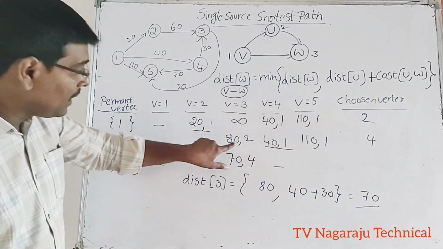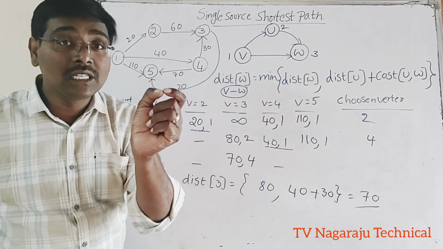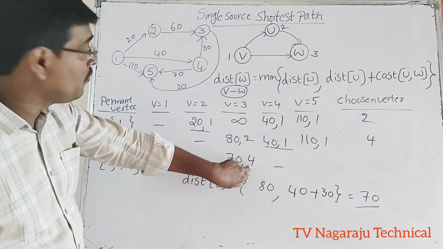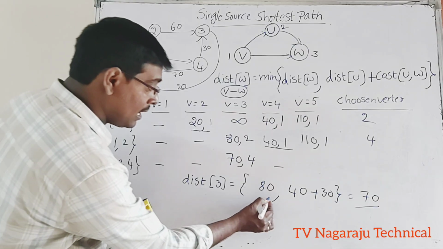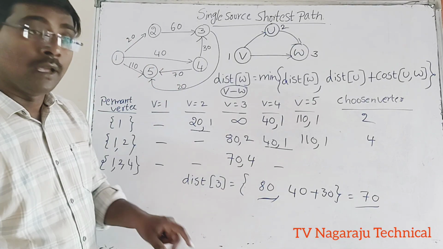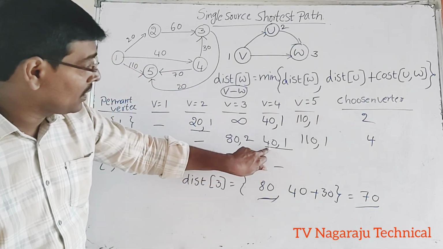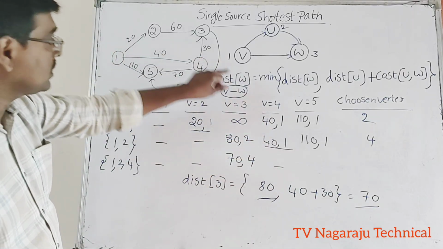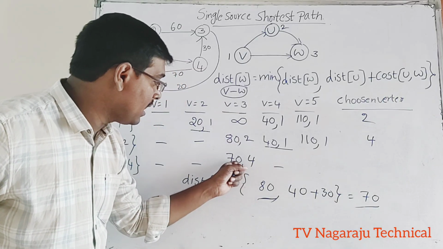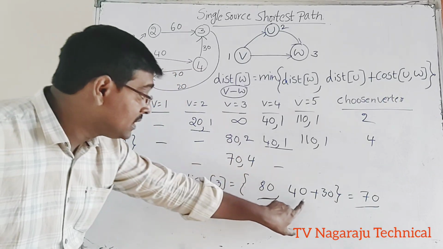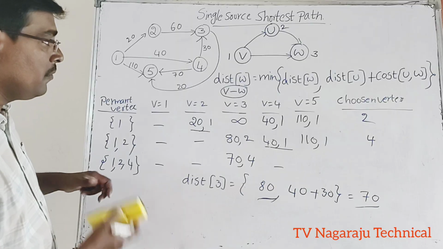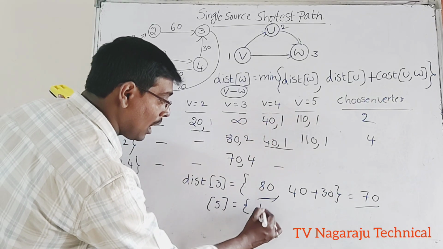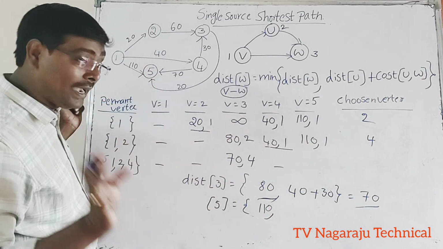You got the point? Previously 80 is by considering 2 as the intermediate vertex. Now, if you consider 4 as the intermediate vertex, see, this is the previous cost. Now 40, what is 40? Up to 4. Now plus 4 to 3, the cost is 30. Now this value is updated to 70, which is from 4. Similarly, distance of 5 is equal to, up to this step the cost is 110.